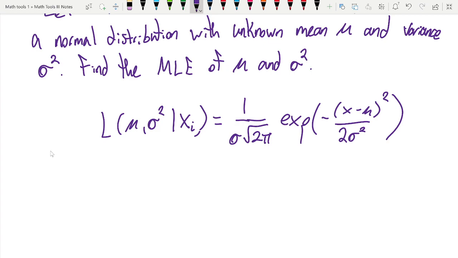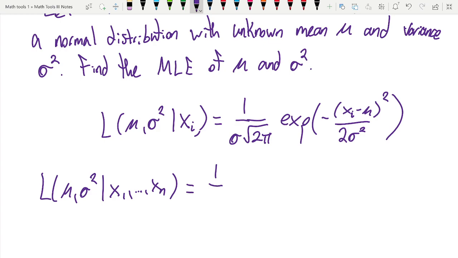To find the likelihood function for all of the data, all we do is multiply them together. Given all of the data, it would be the product of all of these, and this should have been an xi. So what does that look like at the end?